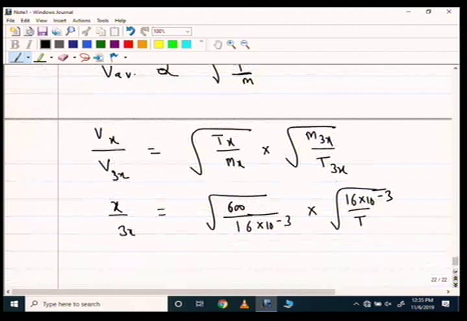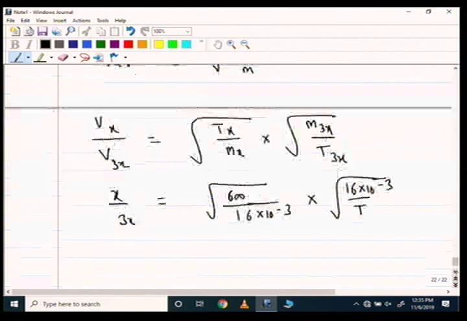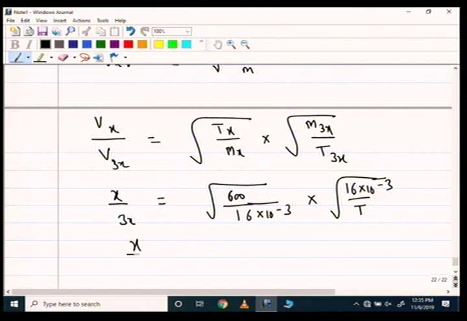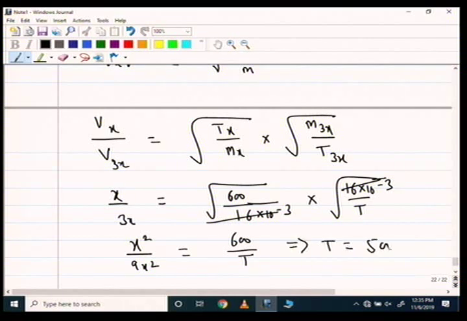So even mass was constant, I can cancel mass as well, need not write that. So what will we do? We will just square both the sides. I'll get x square upon 9x square is equal to what? This one will get cancelled out and we will have 600 upon T. X and X will get cancelled out, and on solving, T will be 5400 kelvins.